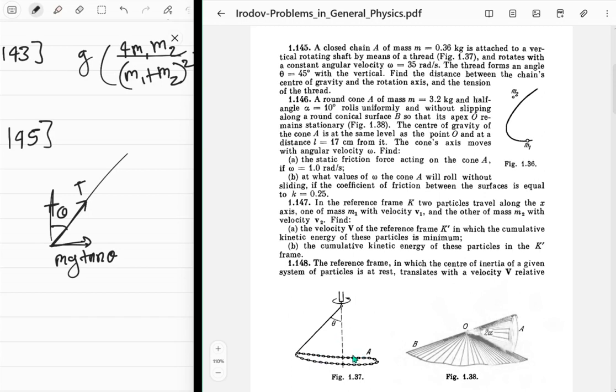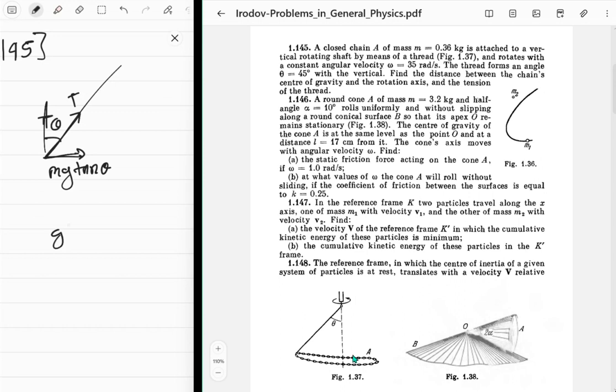That should do it. So g tan theta is just going to be omega squared r. So r can be figured out from that, and that's just the distance of the center of mass from this vertical axis. No problem, right? Yes, that should work out.